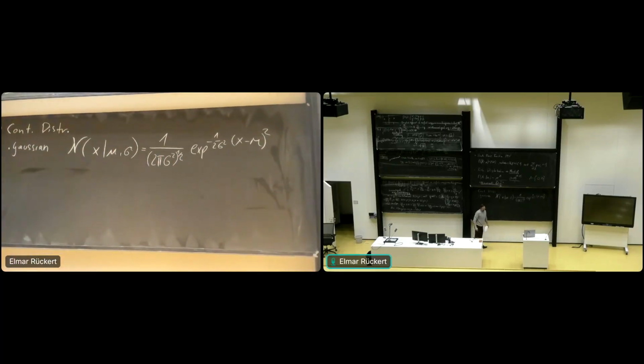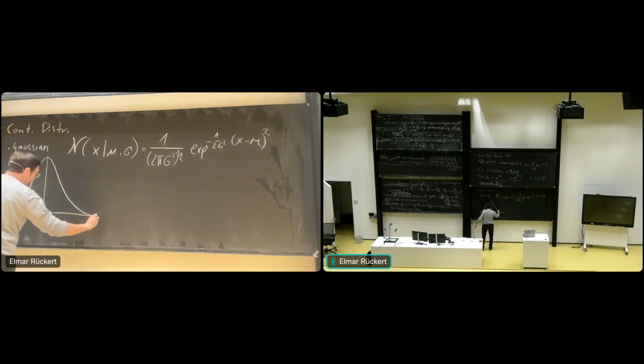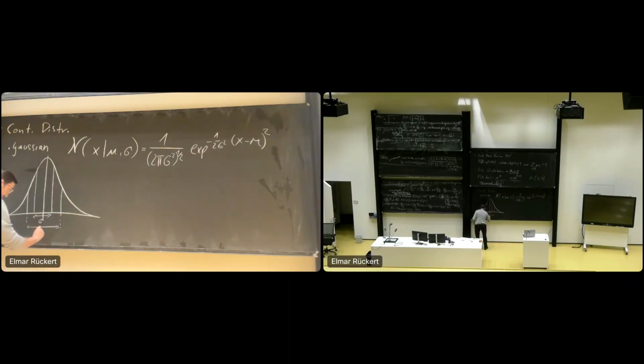Important properties are, if we look at this distribution here, we draw that for you in a nice way. Then we might have 1 times sigma here. We might have 2 times sigma. And we might have 3 times sigma.